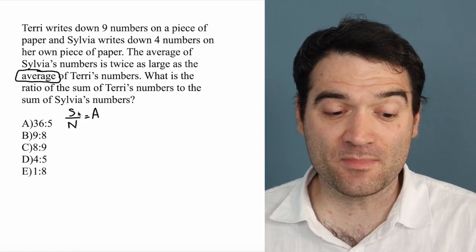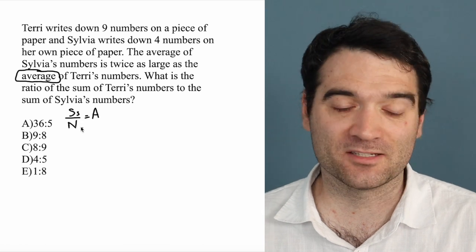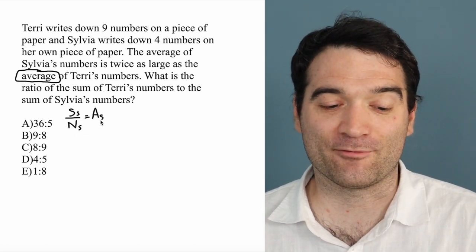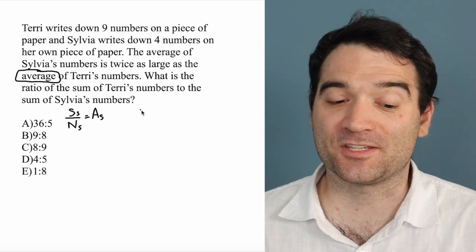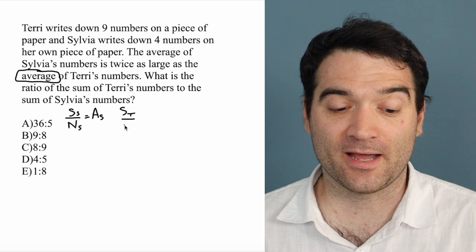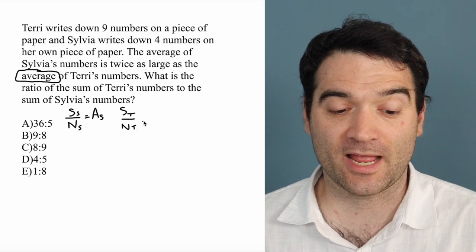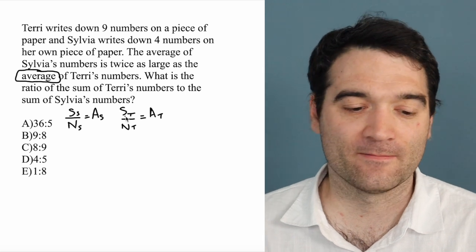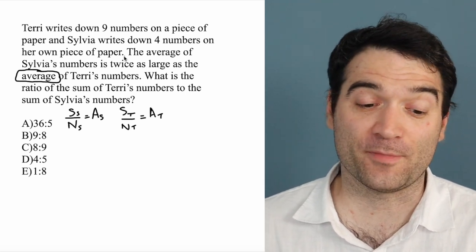So I could say the sum of Sylvia's numbers, SS, divided by the number of Sylvia's numbers is equal to the average of Sylvia's numbers. And the same drill with Terry: the sum of Terry's numbers, ST, divided by the number of numbers that Terry has is equal to the average of Terry. Okay.